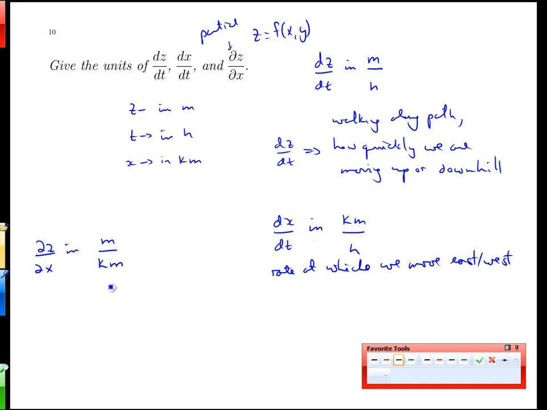But again, if you think back to the application we're talking about here, we're asking, for each kilometer traveled in the east-west direction, how much height do we gain or lose? How quickly do we move up or down?